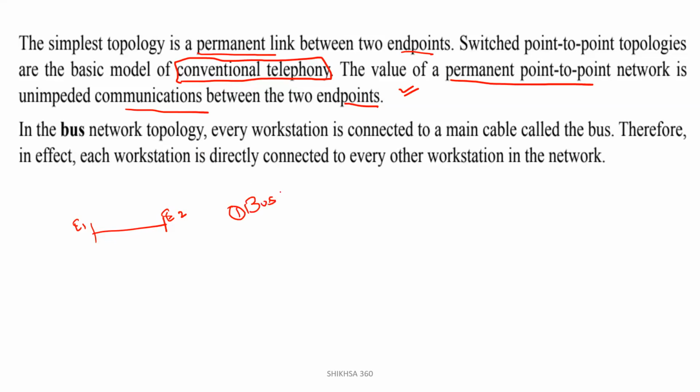First one is the bus network topology. In the bus network topology, every workstation is connected to a main cable called the bus. Clear? Like this way: here system, here system, here system.